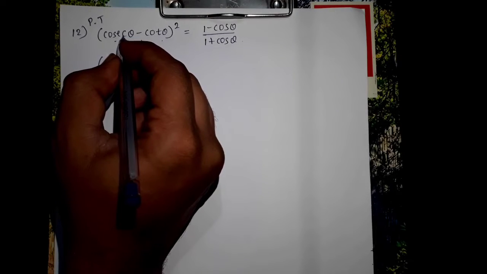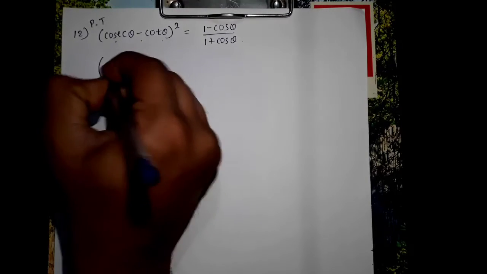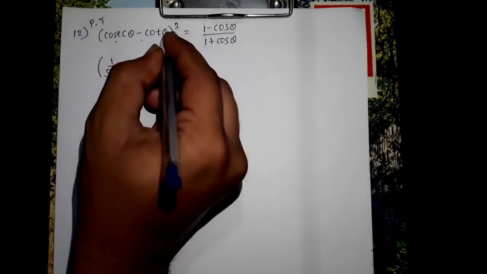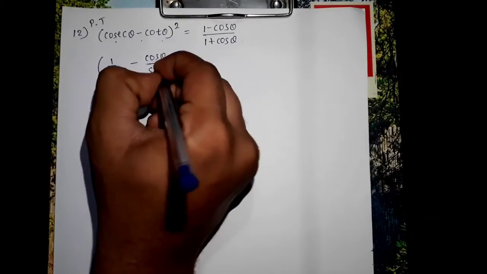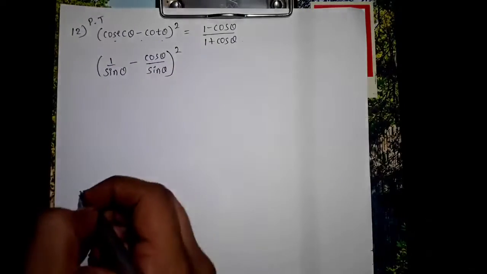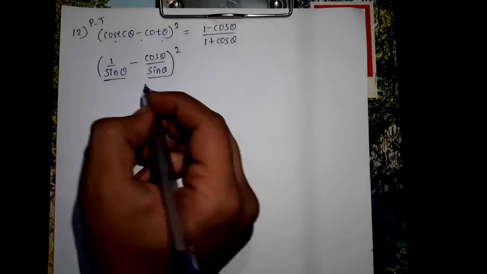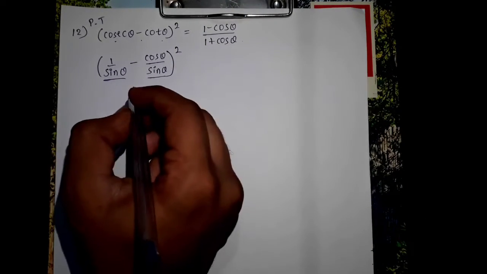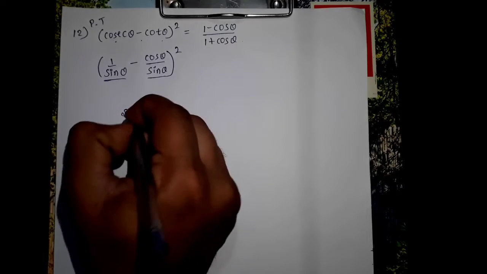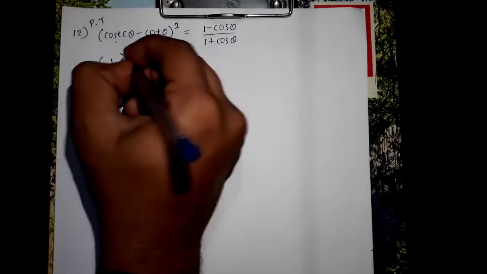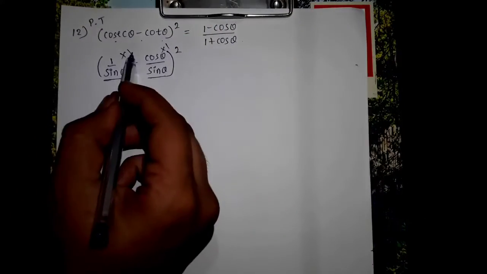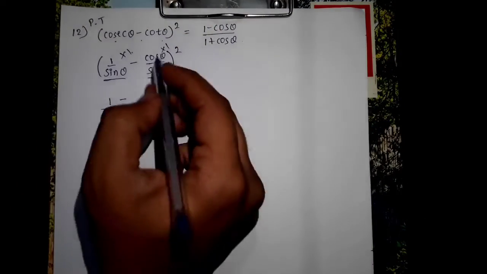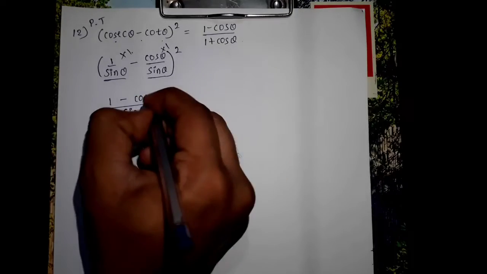How can cosecθ be written? 1 by sinθ minus cotθ can be written as cosθ by sinθ, whole square. Okay, now taking LCM, what is LCM here? sinθ will be LCM. So (1 − cosθ) over sinθ, whole square.